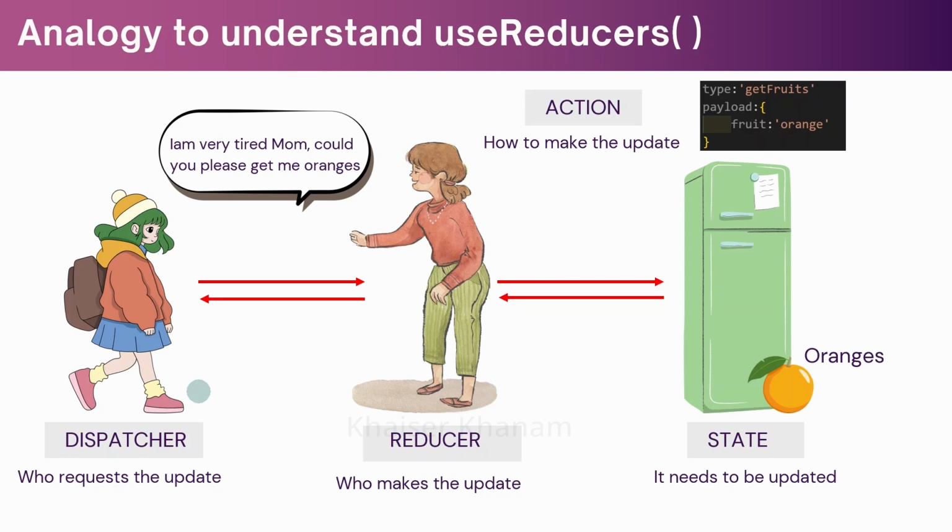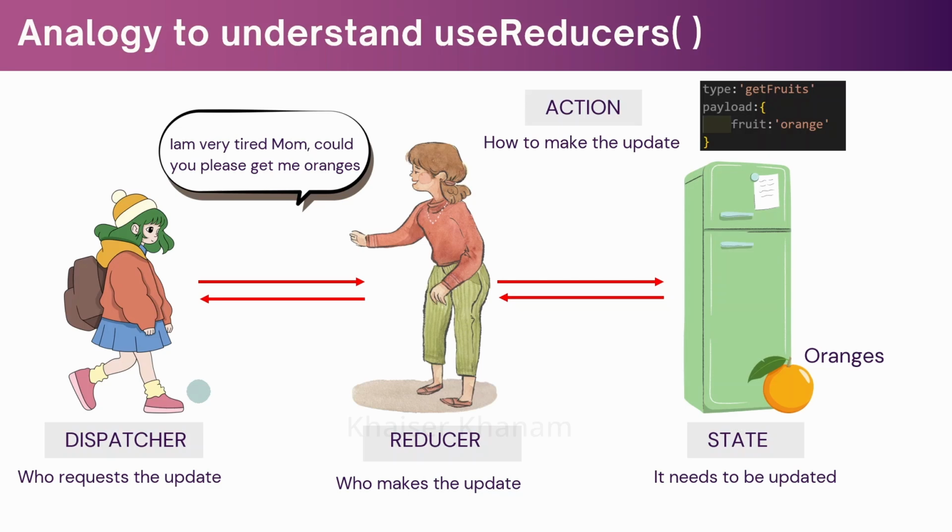So here you are the dispatcher who is requesting for the update. So once you tell, if your mom brings the fruit, what happens? Inside the fridge, fruits will be reduced. So our state is updated. So you are the dispatcher who is requesting for the state update, and inside the fridge we have the fruits. So fruits will be reduced. So the fridge is updated.